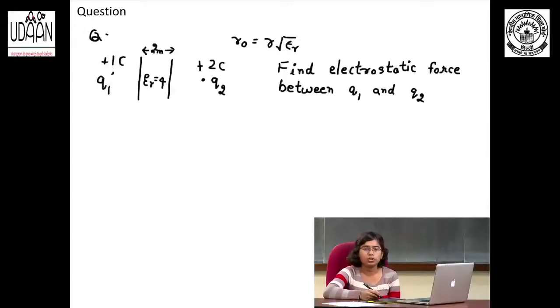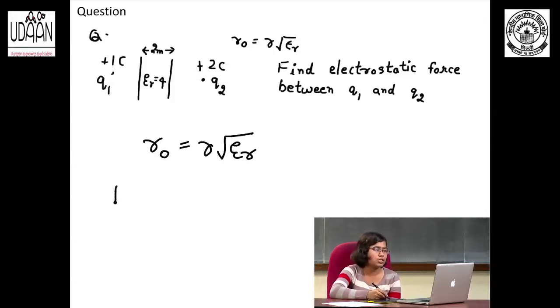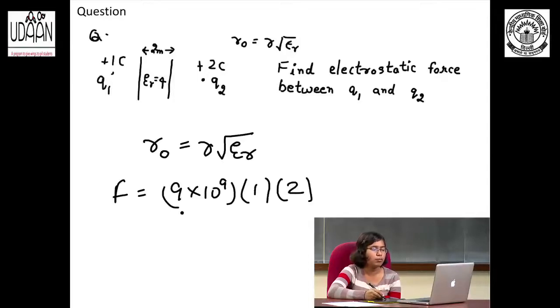Now let us do a question based on force dependency on medium. We have derived the relation that R0 is equal to R root ER, where ER is the relative permittivity. So in this case, the force can be written as K, that is 9 into 10 to the power 9, Q1 1 coulomb, Q2 2 coulomb upon the distance, where the total distance between them is 5 meter.